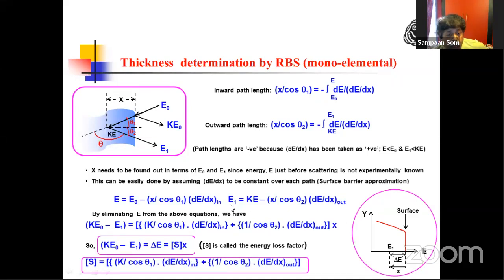So KE0 minus E1, this is the total energy lost over the path while going in and coming back. And that is the total energy loss, okay? And this is designated as the energy loss factor multiplied by the total depth of the sample or the film thickness, for instance, for a thin film. So one can exactly calculate by measuring these energy loss values and knowing the kinematic factor. This is all I showed you in the previous slide, how to calculate the kinematic factor, etc.